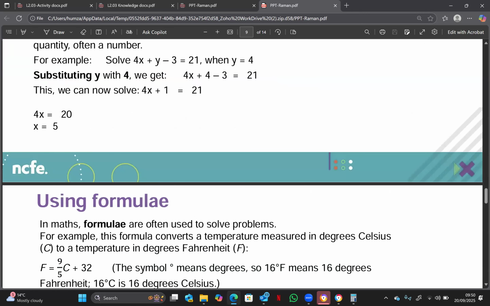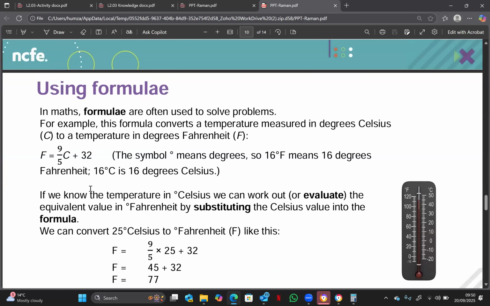In maths, formulae are often used to solve problems. For example, this formula converts a temperature measured in degrees Celsius to a temperature in degrees Fahrenheit. So F equals 9 over 5 C plus 32.